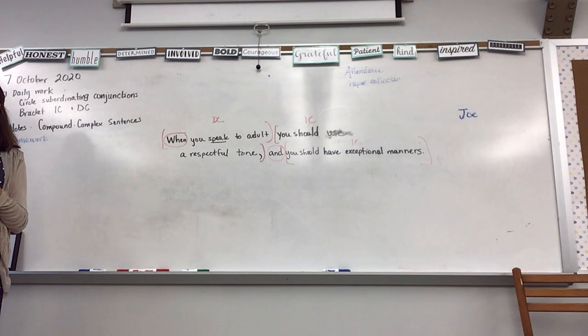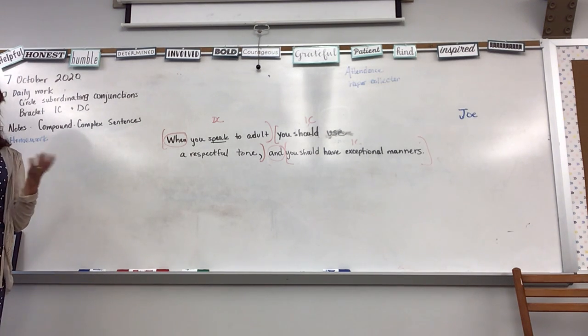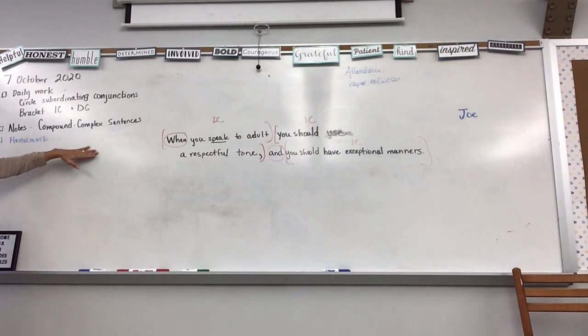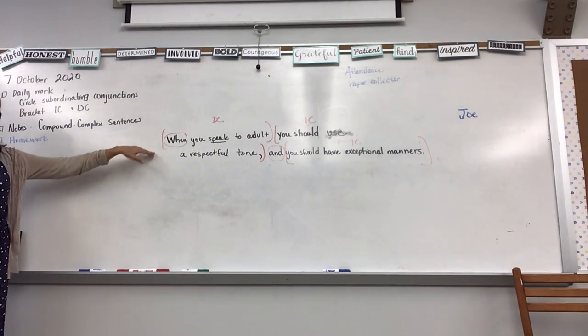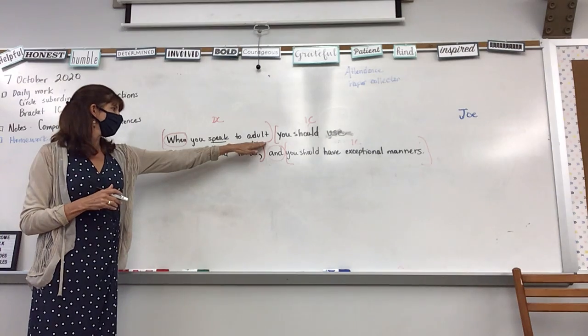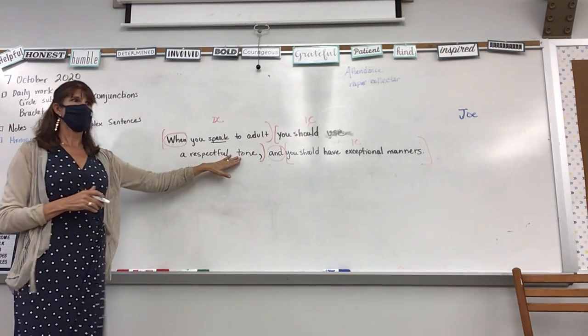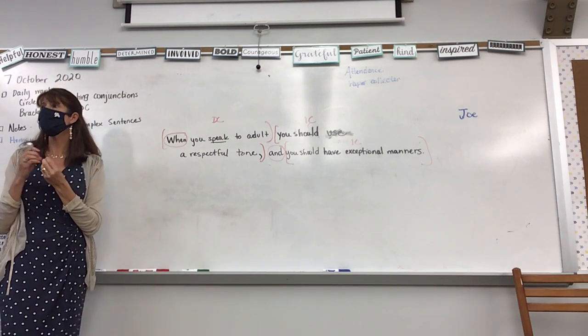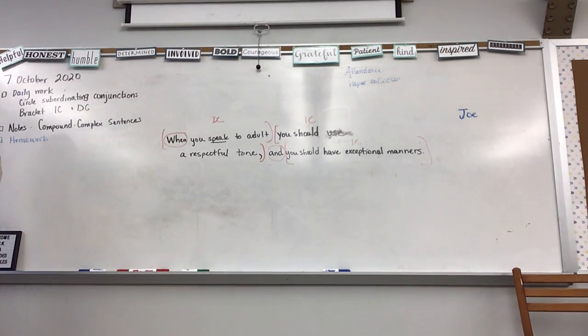When you speak to an adult, you should have exceptional manners when you speak to an adult, and you should use a respectful tone. It just so happens that's really wordy. And we're gonna talk later on about how you can make your compound complex sentences not wordy and awkward, but right now I just wanna illustrate it.